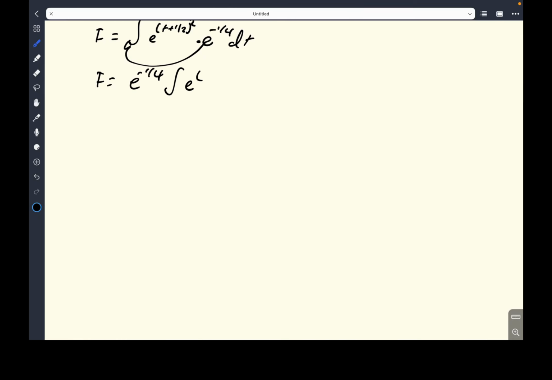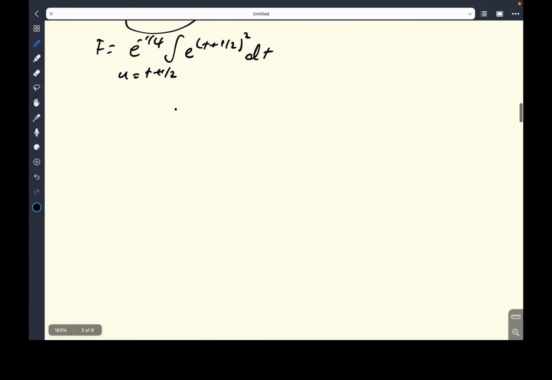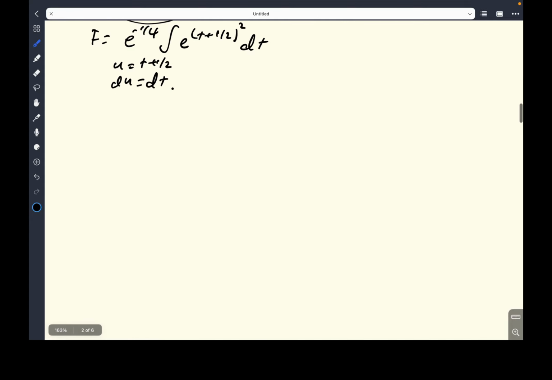It's going to be e to the t plus half squared dt. Next I'm going to define u as t plus half, and du is going to be dt if I differentiate both sides. Now I here is going to be e to the negative fourth times the integral of e to the u squared.